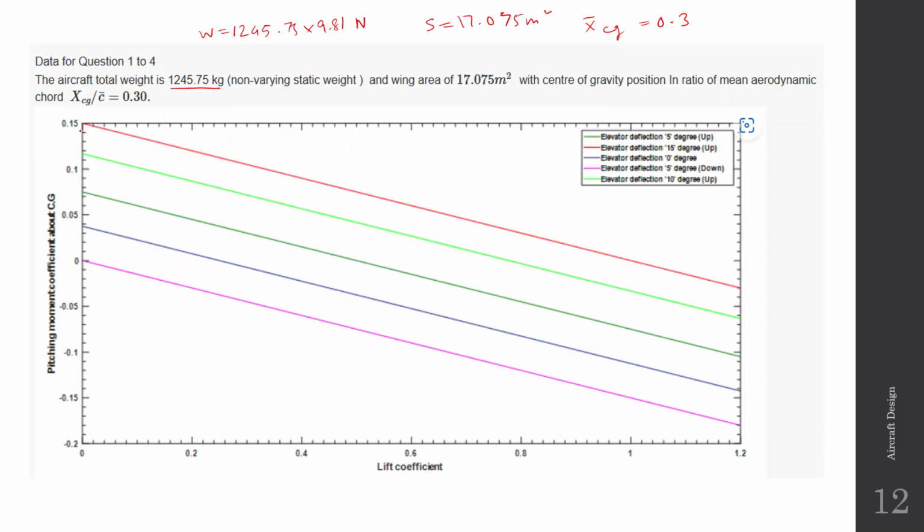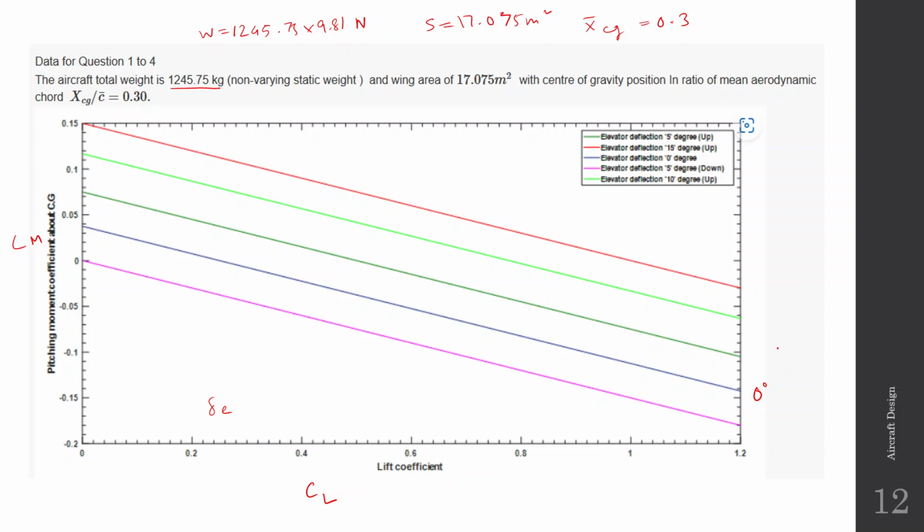So like here we can take 2 points. Okay, so you can see that the slope is the same for everything. This is a graph of the Cm versus Cl for different values of elevator deflection delta E. Okay, and so from here you can see that this blue line is the graph for 0 degree elevator.